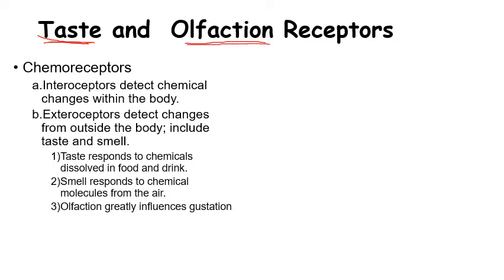And the receptors for these are chemoreceptors. They're going to respond to different chemicals, either from the food that we're eating in our mouth, or smells and scents that we get in the nose, which come from different molecules in the air. Okay, so they are going to be chemoreceptors responding to the different chemicals either in the air or in the food that we eat in our mouth.